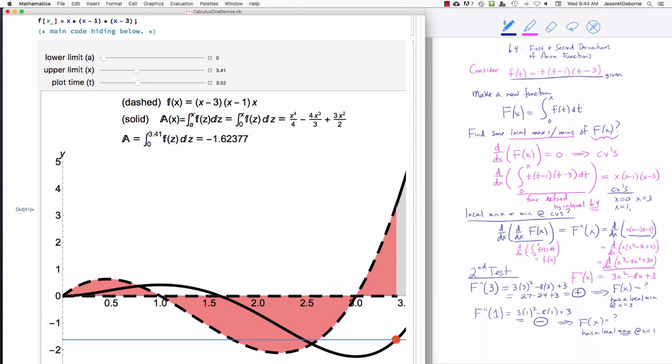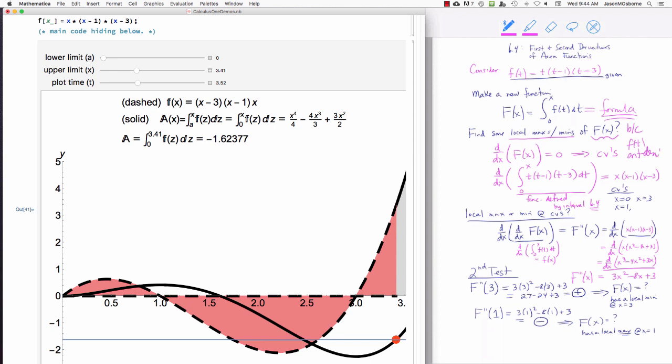Okay. And again, we're fortunate in this problem that you could actually find a formula for the capital F of x function because the function f of t has an antiderivative.